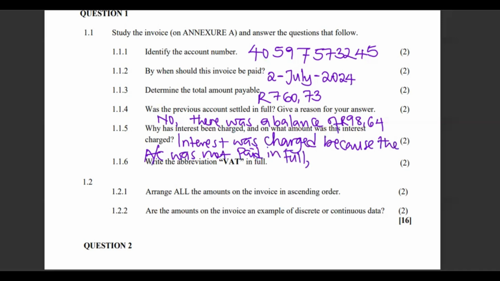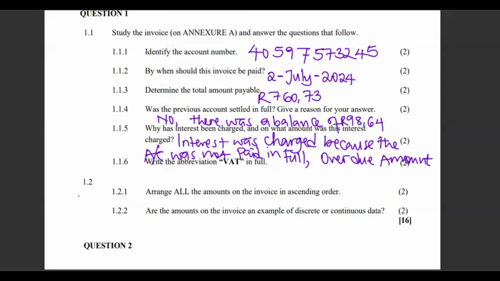And on which amount was the interest charged? It's the balance, the amount overdue, the overdue amount.